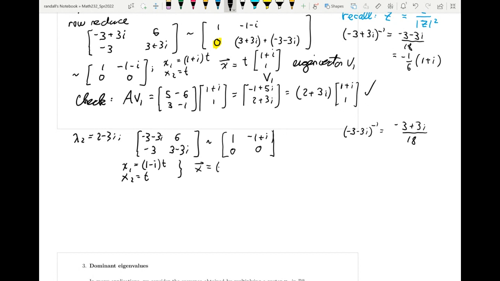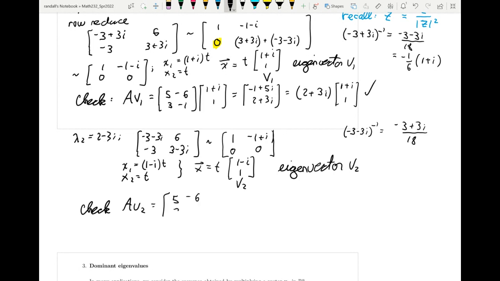So in vector form, this is x equals t times the vector with 1 minus i in the first component and 1 in the second. I'll call that v2. That's an eigenvector for the second eigenvalue. Once again, you can check this out, A times v2.